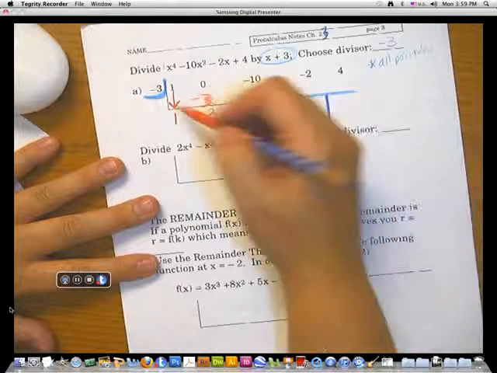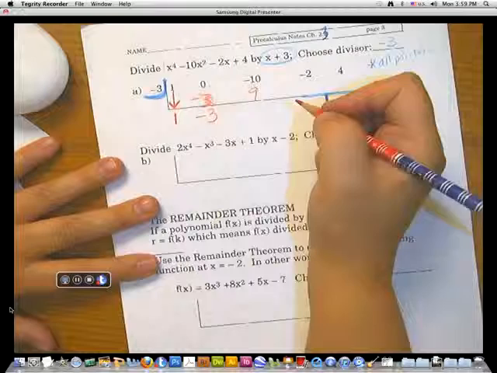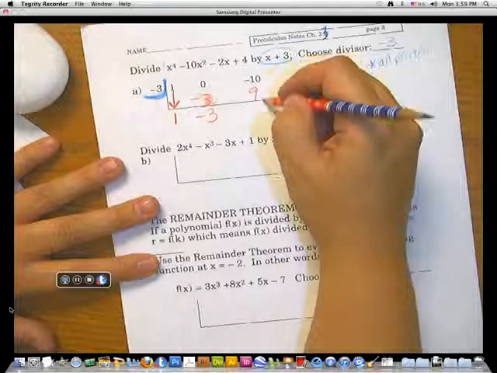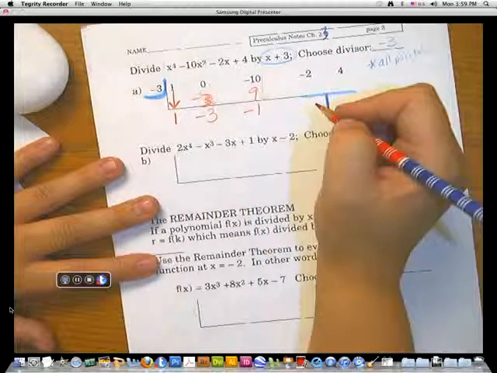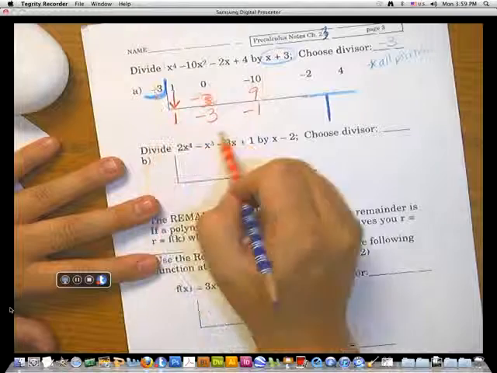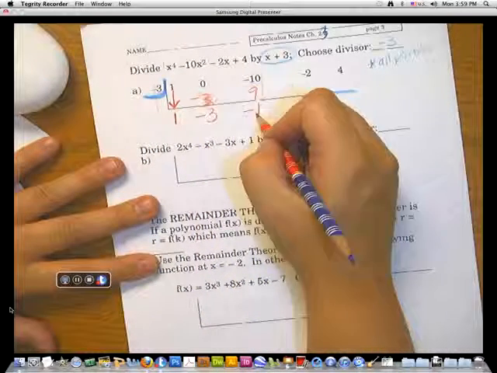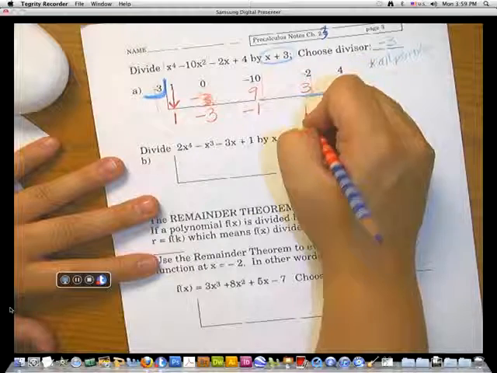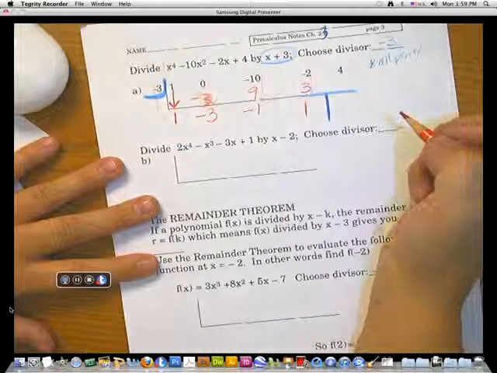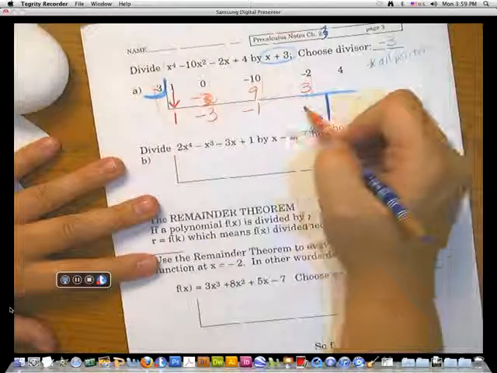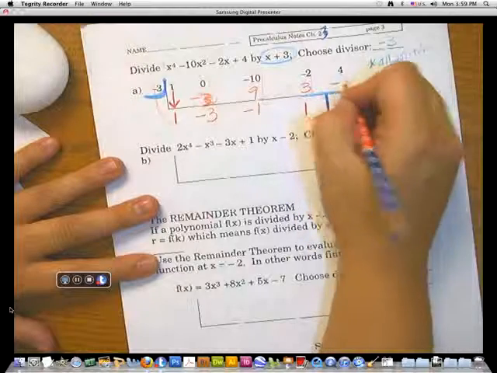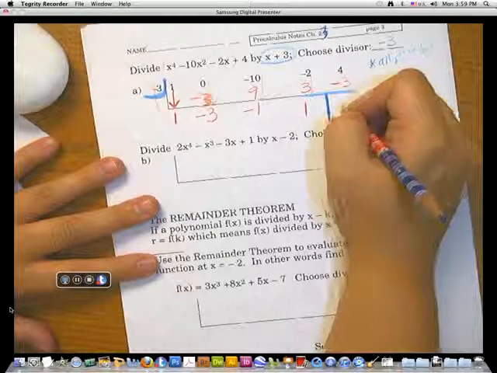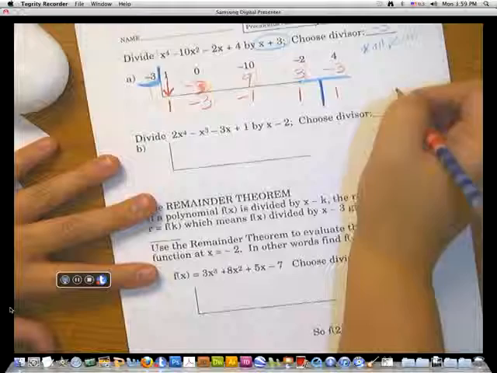Multiply around. -3 times -3 is +9. Add down. -1. Multiply around. -3 times -1 is +3. Add down. +1. -3 times 1 is -3. Add down is a 1.